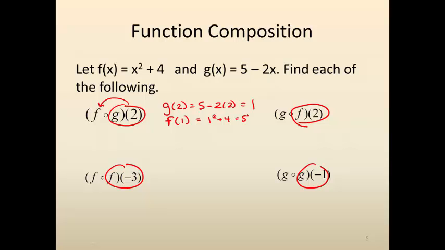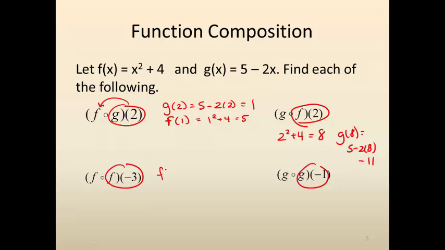Let's try the next one. F of 2 is 2 squared plus 4, which is 8. And then g of 8 is 5 minus 2 times 8, or negative 11. This one, you take the result of f of negative 3 and you plug it back into f. So this one, it's harder to write like that, but this is how it'll work.